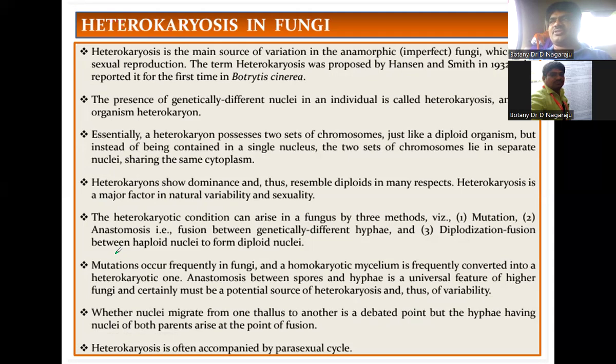Heterothallism means having different strains of genes, while homothallism means having the same type of genes, either plus strain or minus strain, in the single thallus, not different types present in the single thallus.